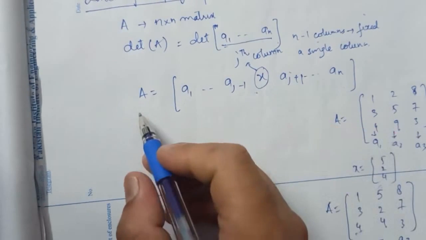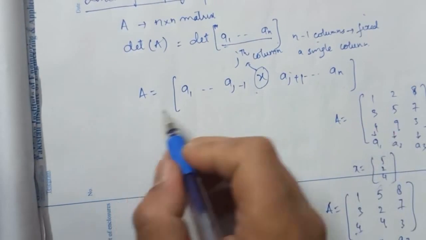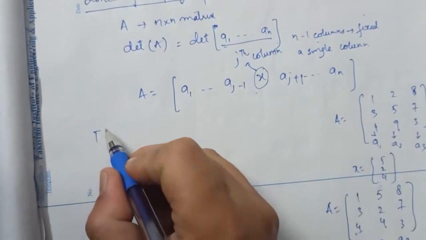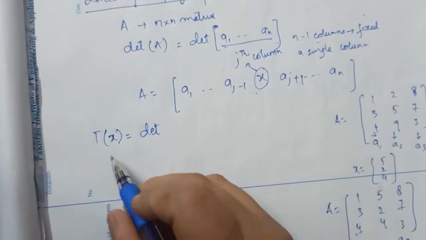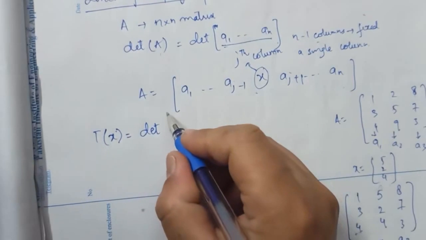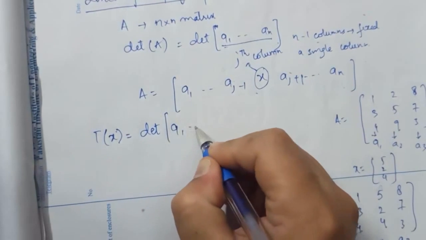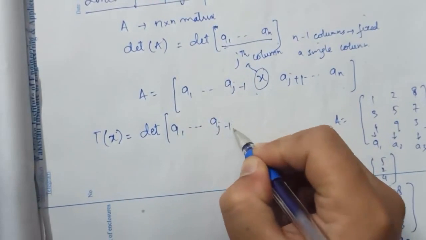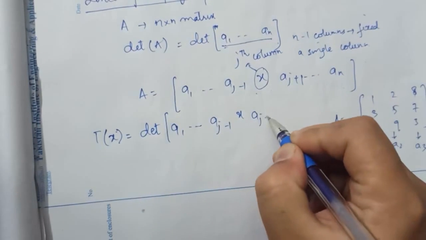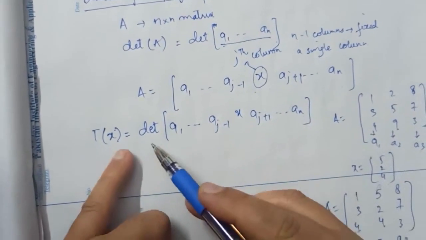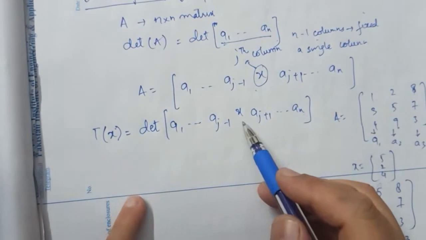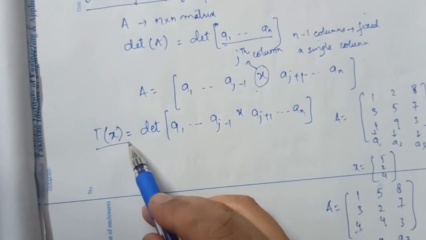With a slight abuse of notation, I can write T of x, defined as the determinant of A1 up to AJ minus 1, x, AJ plus 1 up to AN.